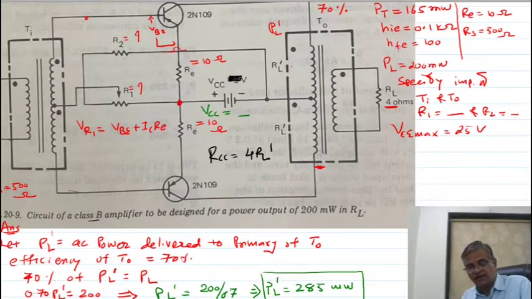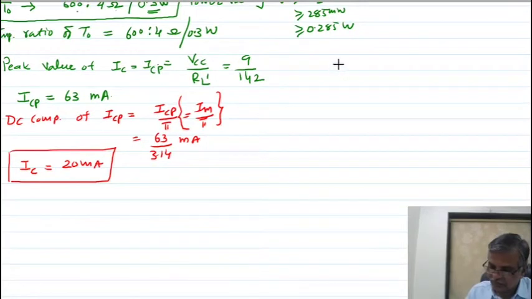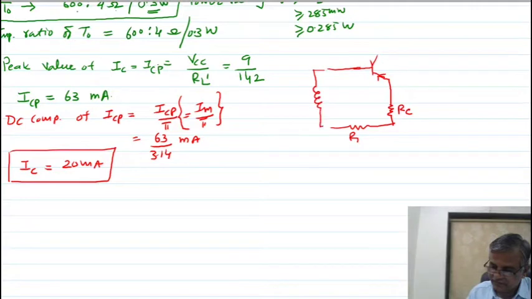Between these two points, the voltage across R1 is the VB voltage plus ICRE. I will show you like this. Look here, this is your transistor, this is your emitter resistor, and this is R1. So between these two points there is R1. I am neglecting this.